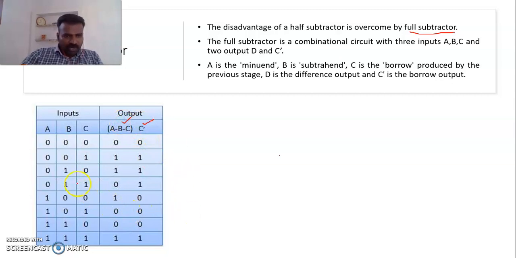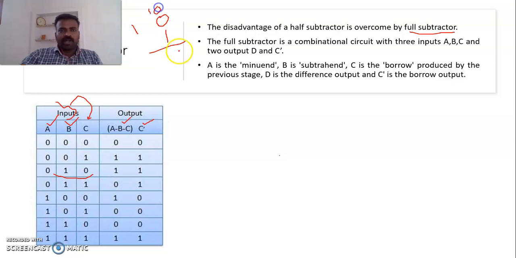So let me take one example, that is 0 1 0. So first subtract A minus B, one result will come. Okay, from that result minus C. So 0 minus 1, what is the result? We can't subtract, so get the borrow 1 from the next position. So this value becomes 1 0.